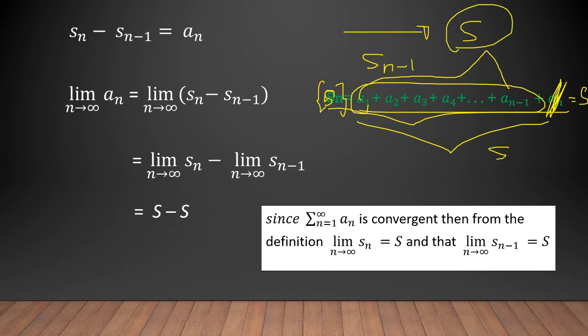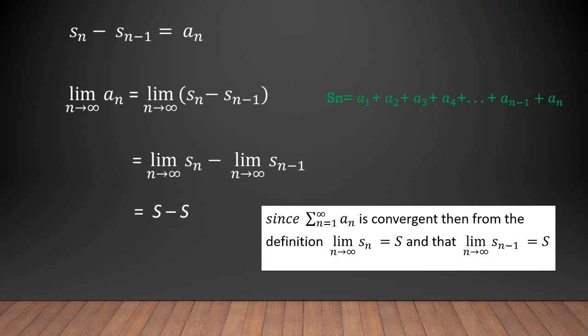Let me give you a specific example. Let's say we have 1/2 plus 1, and for example, these are already the sequence of partial sums. This is just an example.